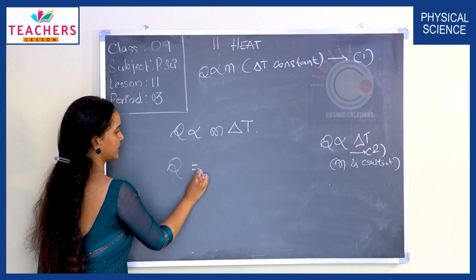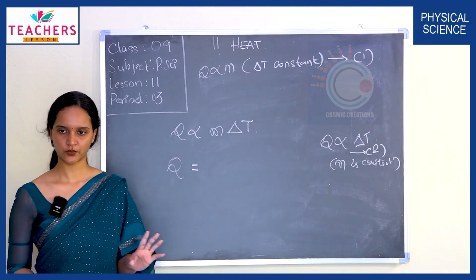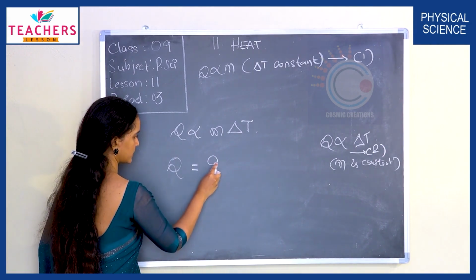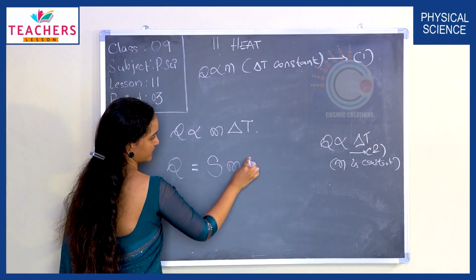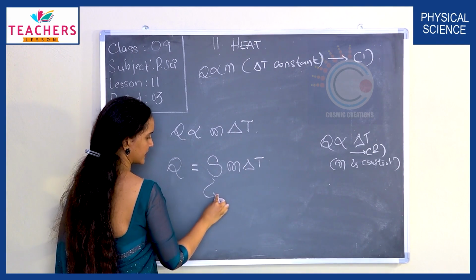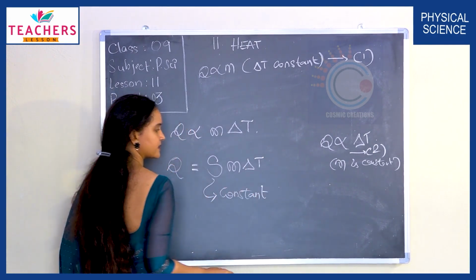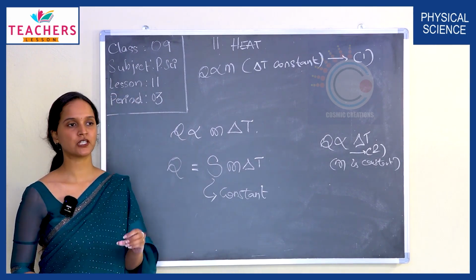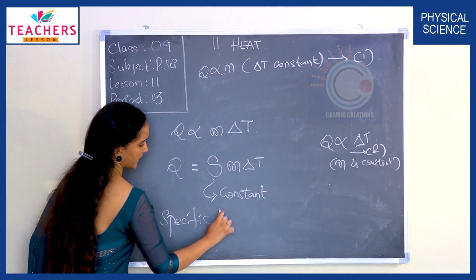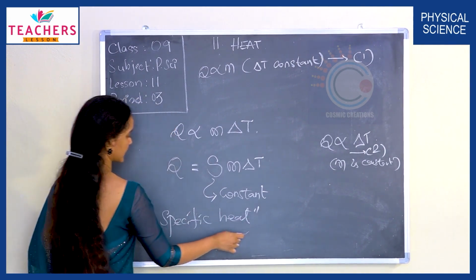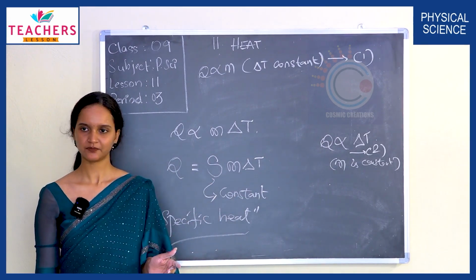Q equals, we have removed the proportionality, so we have to add a constant of proportionality. That constant of proportionality, I am writing as S. Q equals S M delta T. Now, this S is your constant, the constant of proportionality, which is called specific heat.